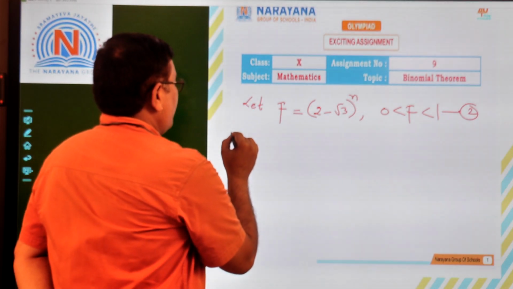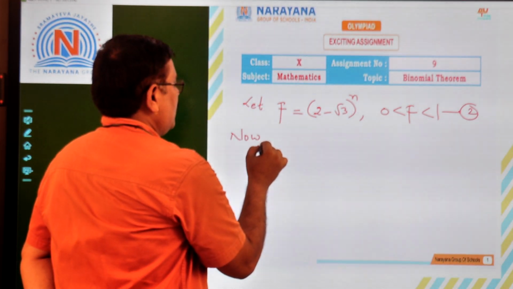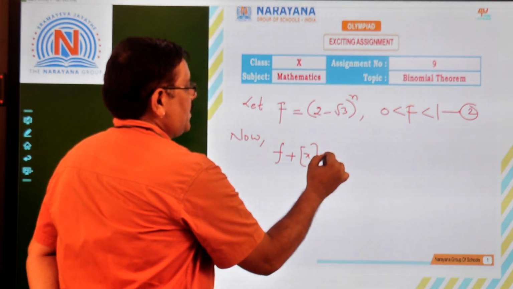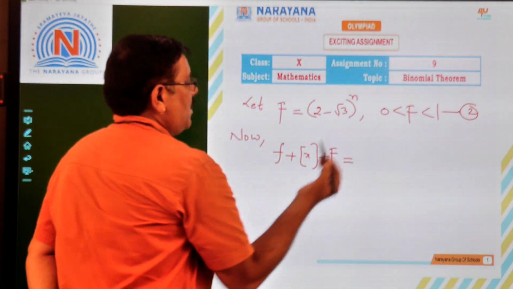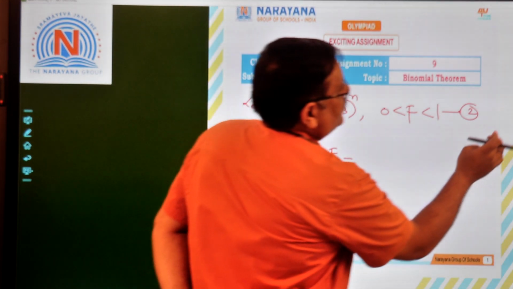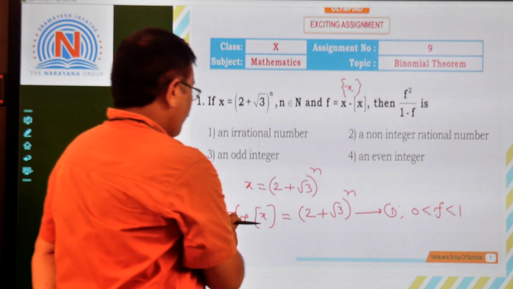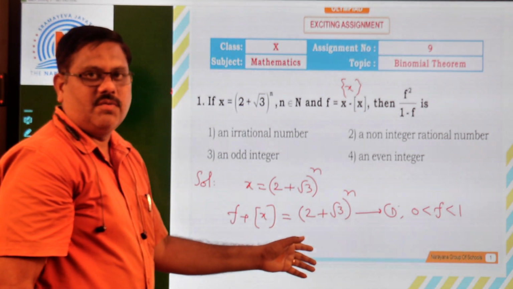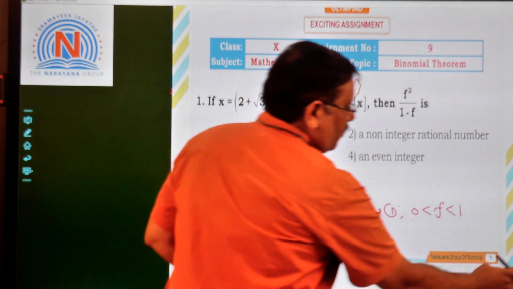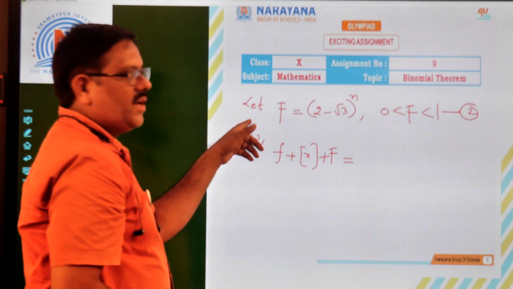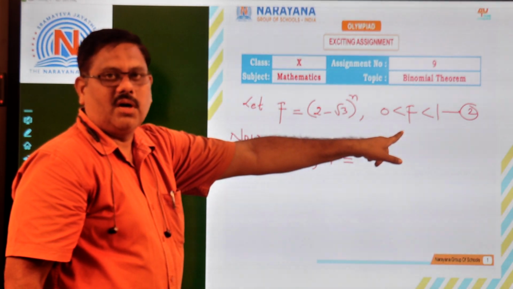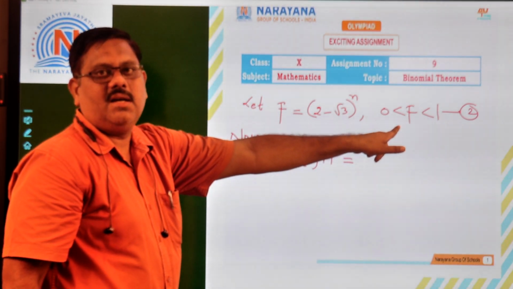Now let us try to see f plus [x] plus capital F. Already we have seen f plus [x] as (2 + √3)^n, condition 1. Now capital F is (2 − √3)^n, and we concluded that 0 < F < 1.